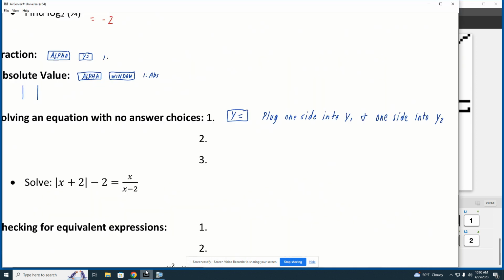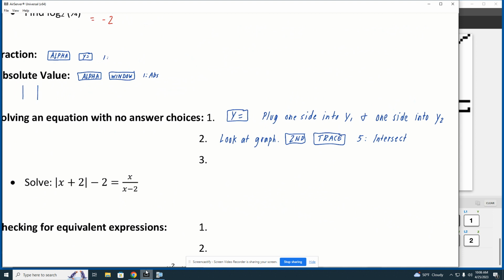So let me go back to our paper. So we've done that. Then next, we're going to look at the graph. And we're going to use second trace. But this time, we're going to use number 5, which says intersect.